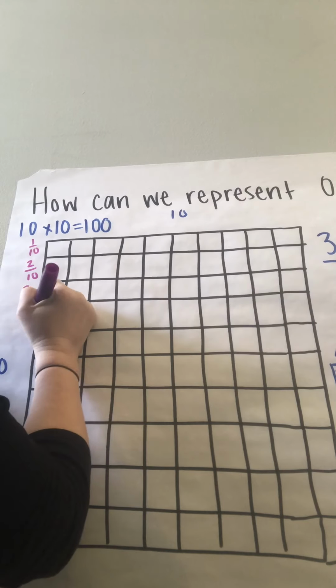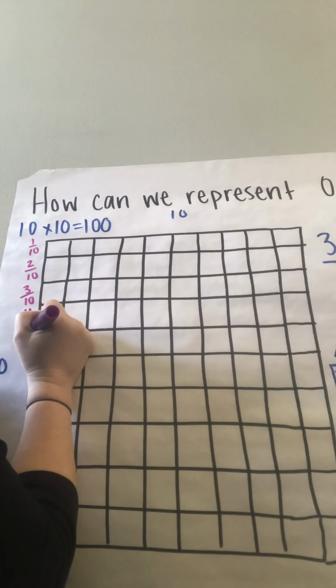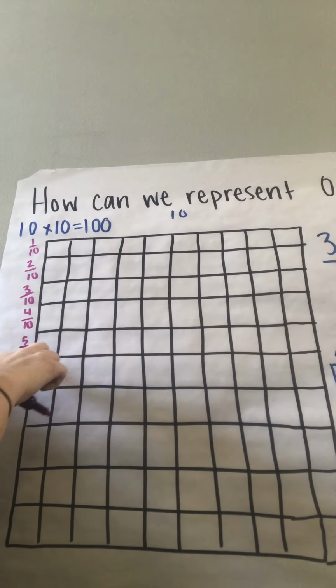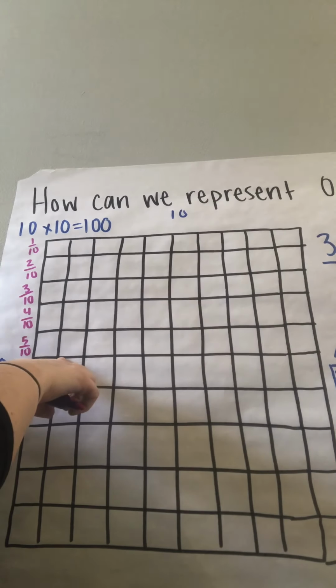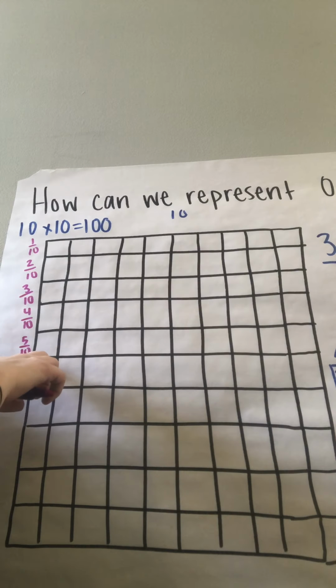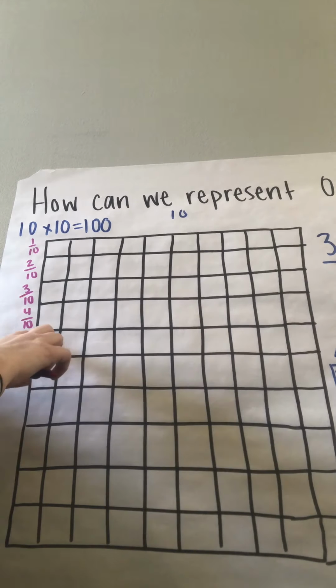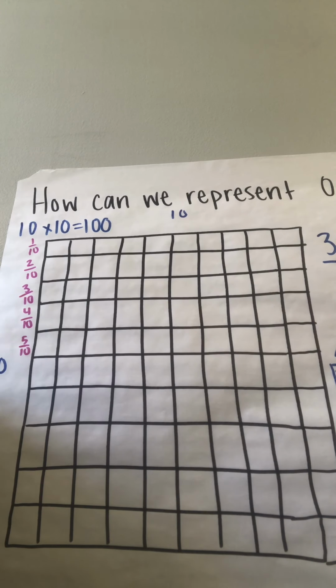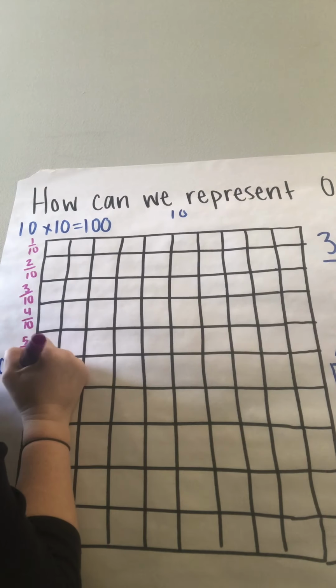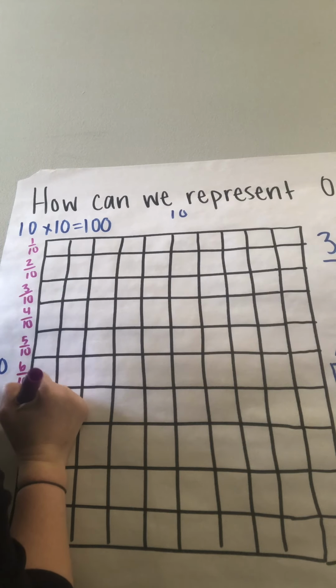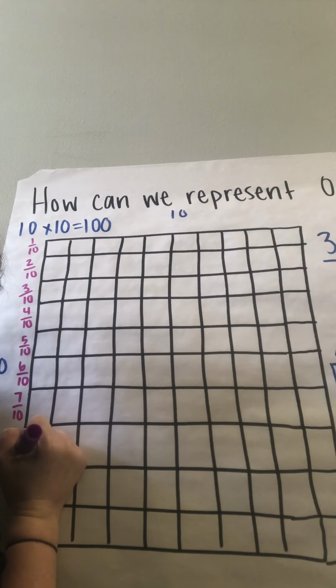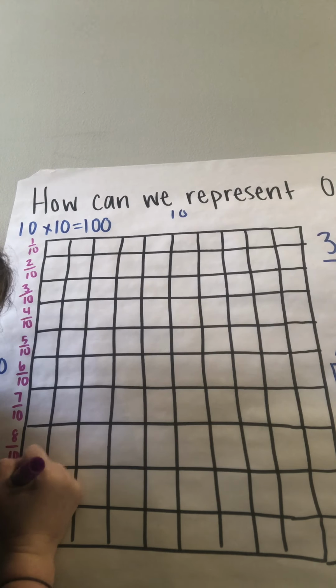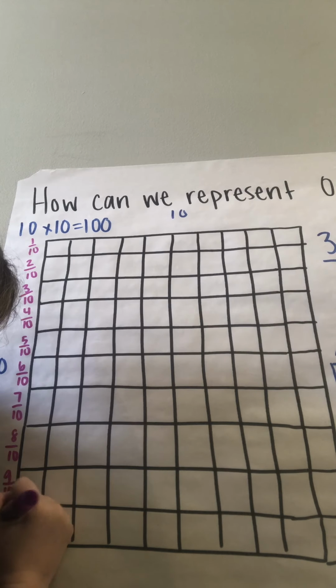So that means 4/10 would be 40, and I can continue. 5/10 would be 50, and 50 squares would be half of the 100 squares, and 5/10 I know is equal to 1/2. I would have 6/10, 7/10, 8/10, 9/10, and then 10/10, which is equal to 1 whole.